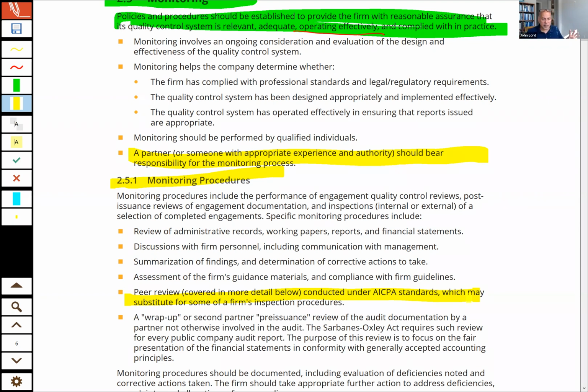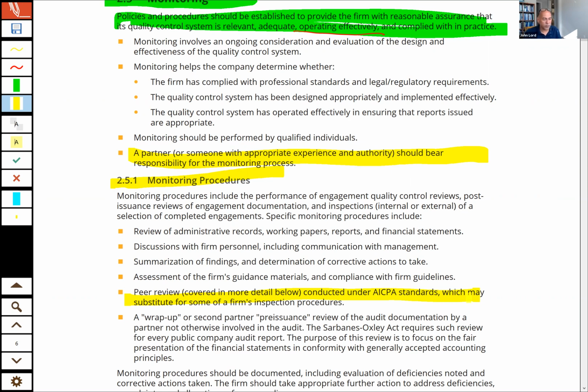The key step, the process step, is looking at the quality control system to see if we have the human resource, the engagement acceptance, right? The leadership, all of these different processes, the monitoring, et cetera. So that's really more of what the other CPA firm is doing. And they call them peer review because it's firms of similar size. So if it's a multinational firm, like one of the big four, it's probably another one of the big four.